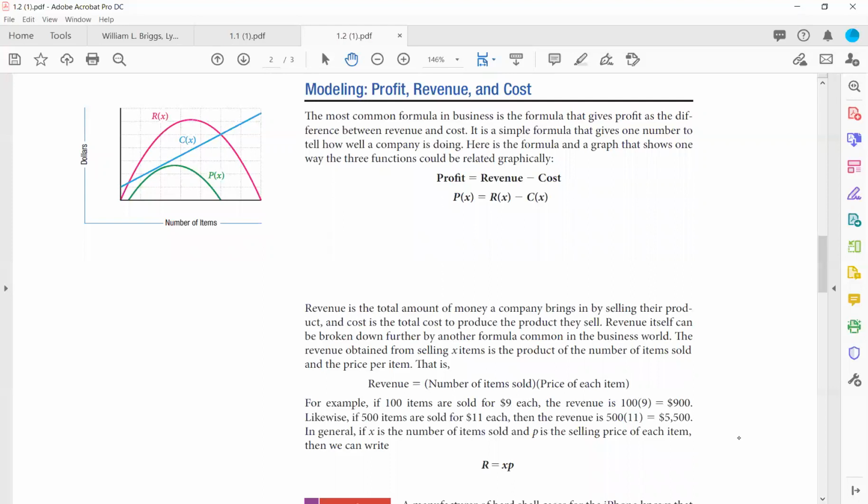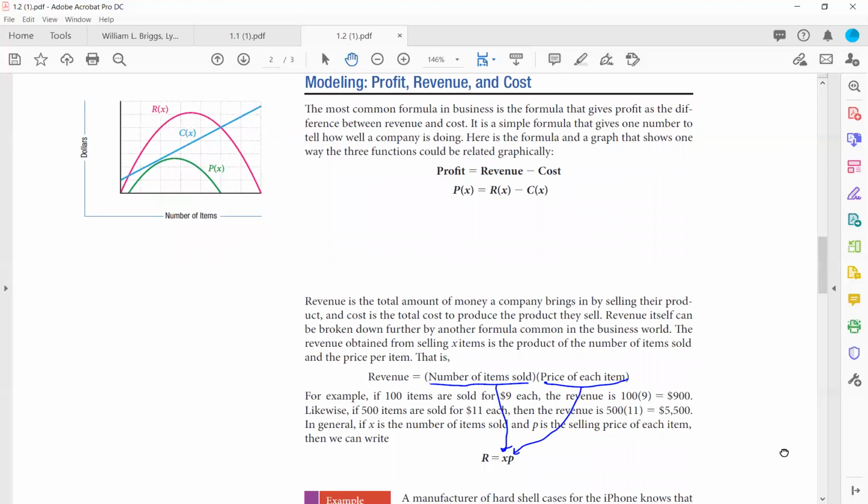Revenue is the number of items sold times the price of each item. So you can formulate the revenue function as x times p. x is the number of items sold, and p is the price of each item. The product between them gives you the revenue.